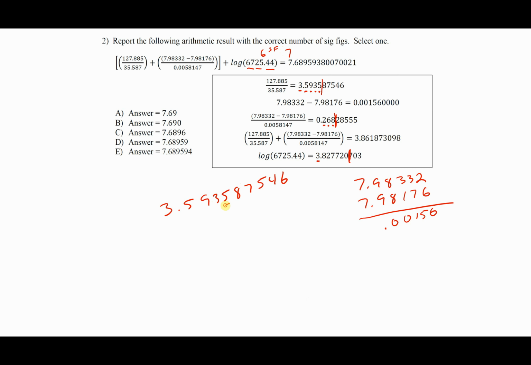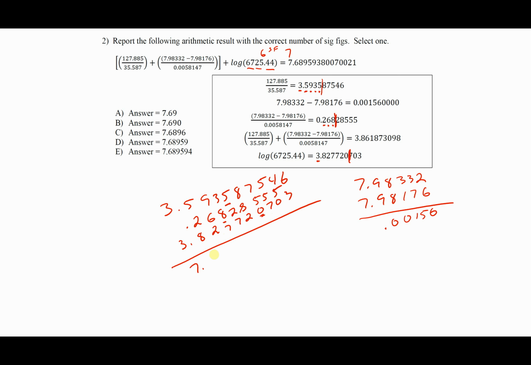3.59358756, where 5 is our significant figure, plus 0.2682555 plus 3 and of course it's the 8, 3.827720703.